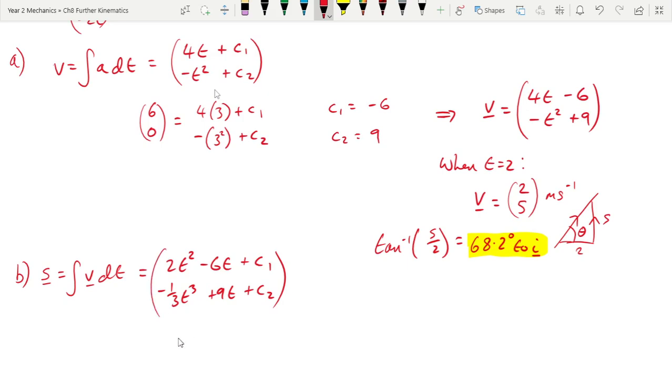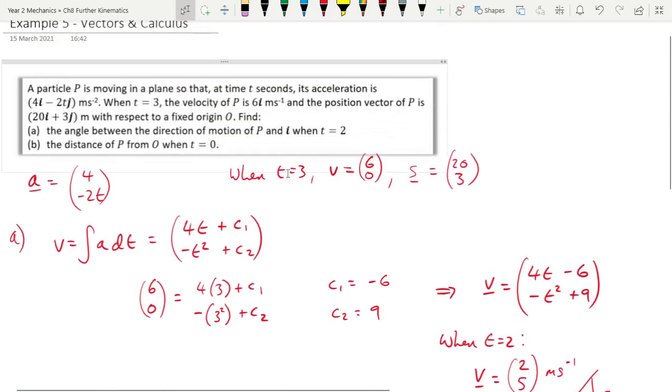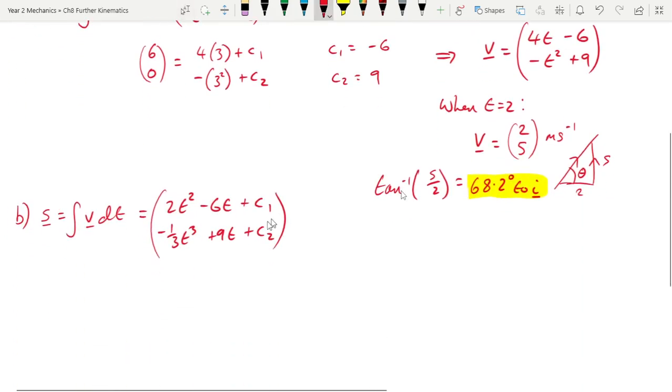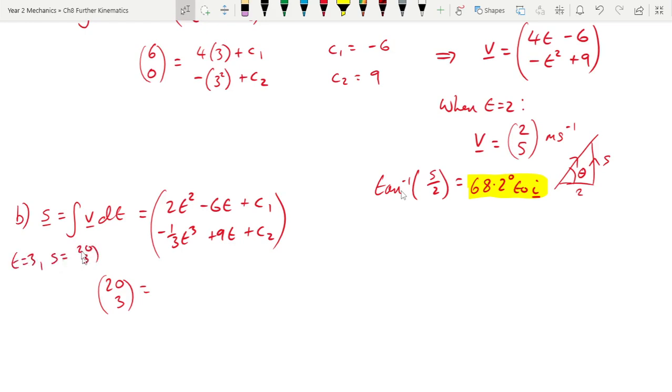I now need to use the information I was given at the start to work out these constants. I was told that when t is 3, the displacement is 20i and 3j. So let's put that in. I've got 2 times 3 squared, minus 6 times 3, plus c1.